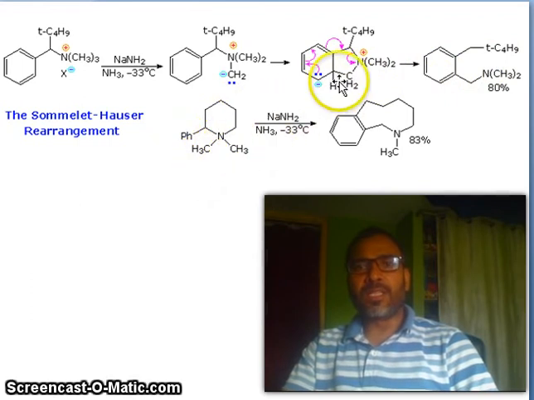Here is the phenyl, here is the nitrogen. Now the nitrogen ring is also enlarged. You see CH3, CH, and on reaction you will get this one.